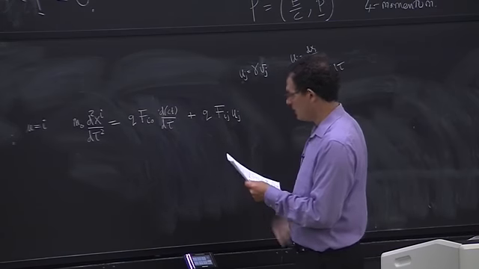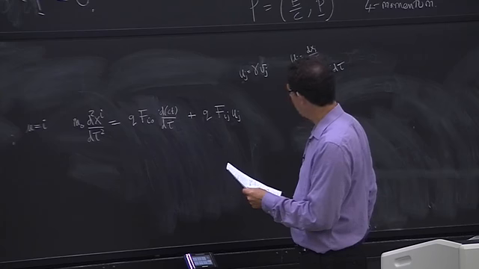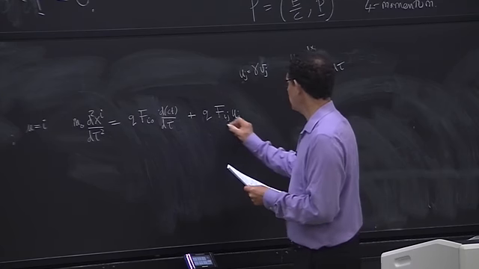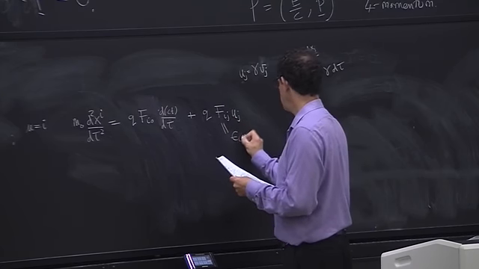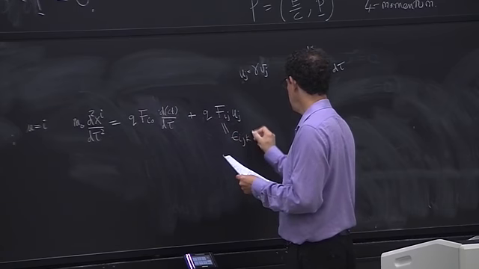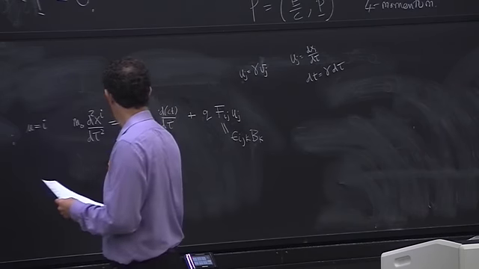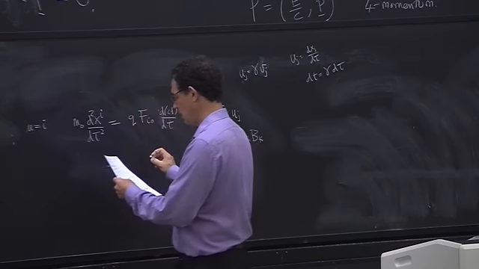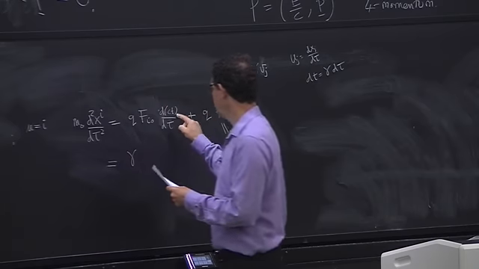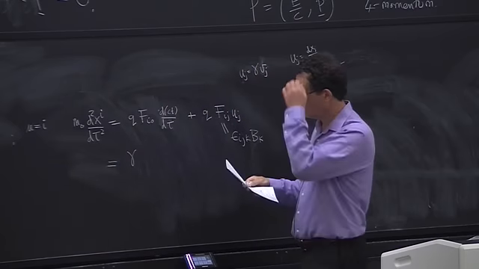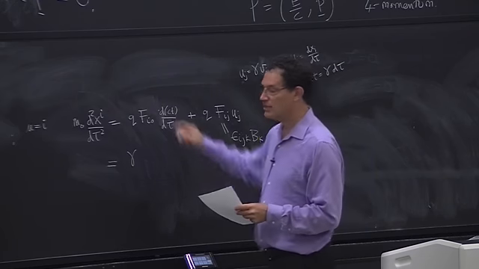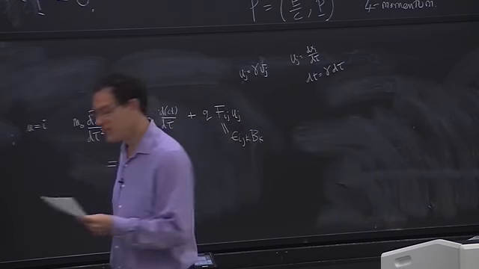So we have this formula, and F_ij was just epsilon_ijk B_k. And so this is equal to gamma. dt/d tau is gamma. F_i0 is just E_i over c.